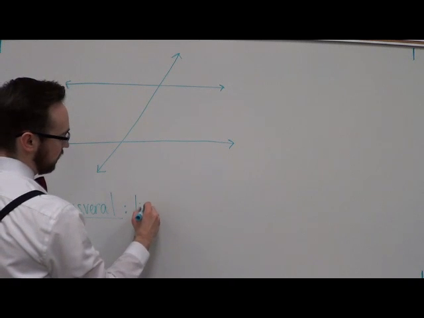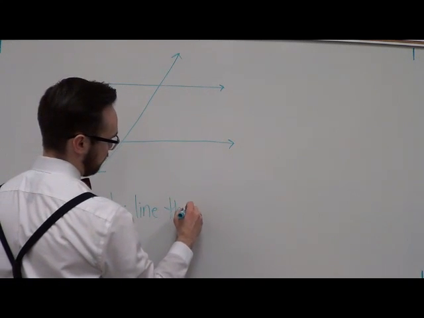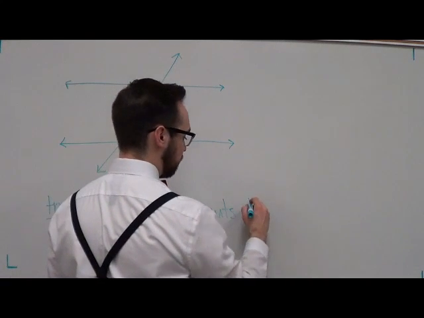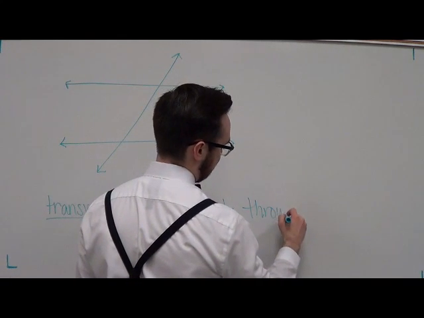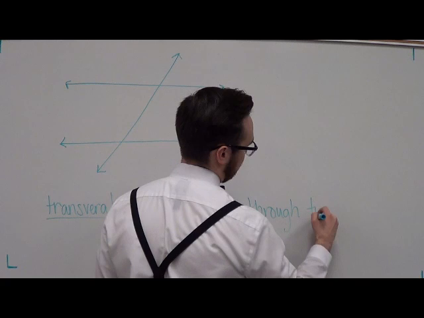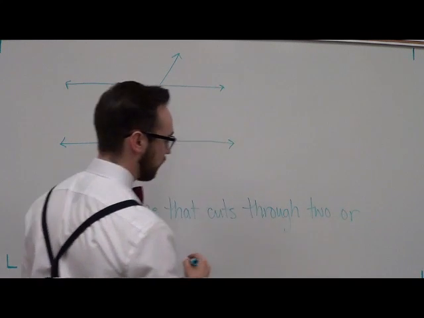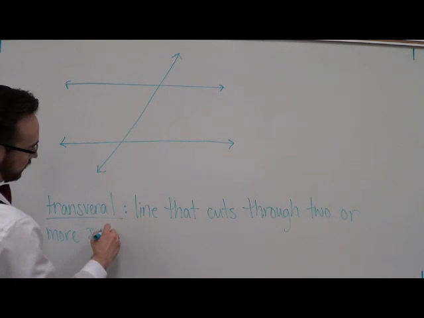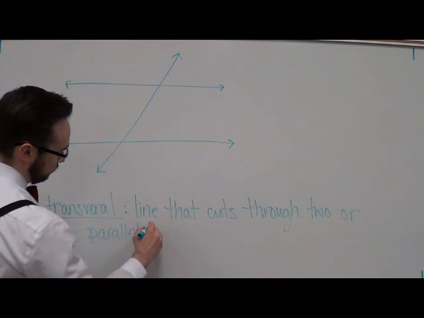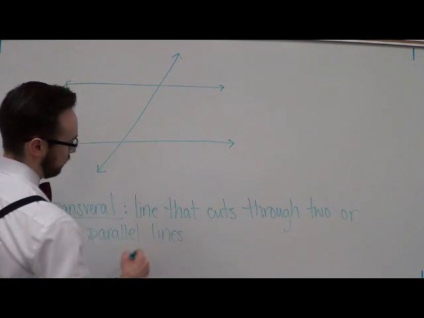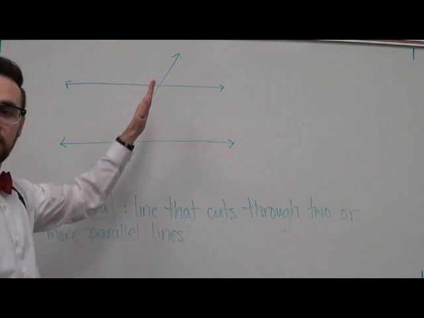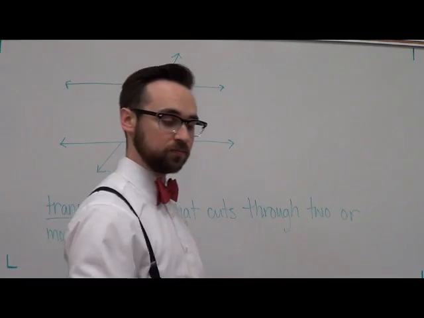So it's a line that cuts through two or more parallel lines. So this line here cuts through these two parallel lines, and so we call that a transversal.